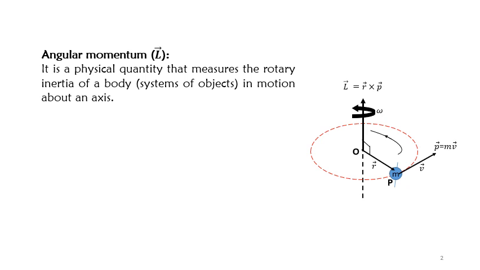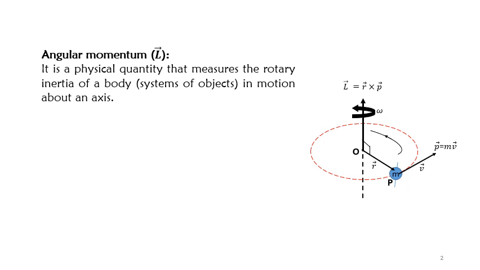If you check the figure on the right-hand side, the M is the mass of the object marked blue. That blue circular shape represents an object that is going along a circular path. The red dotted circle represents the path along which that body is rotating.